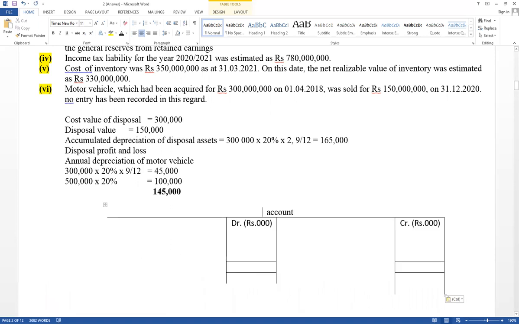Therefore, this is the disposal account. Cost value 300,000: motor vehicle account credit, disposal account debit. Cost value should be recorded on the debit side as motor vehicle.